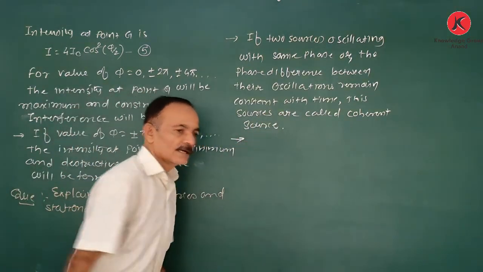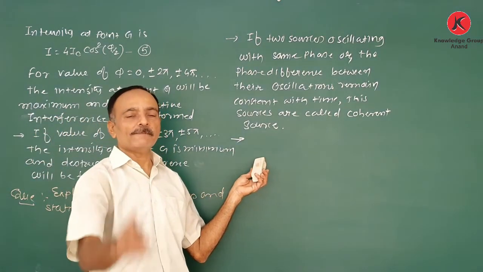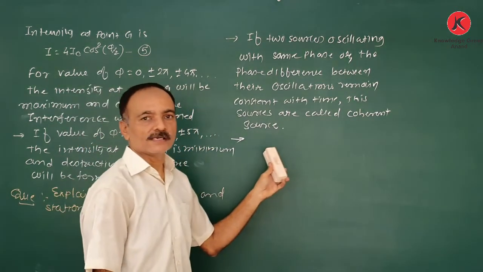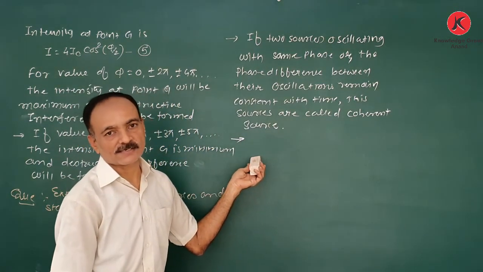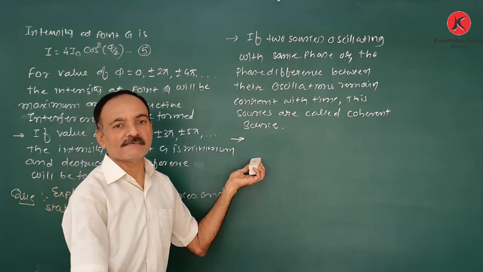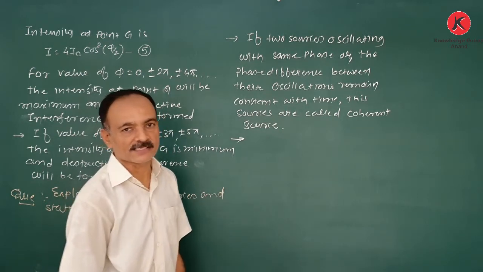Now, the interference pattern in which the amplitude remains constant and the phase difference at any point remains constant with time, such interference is known as stationary interference.